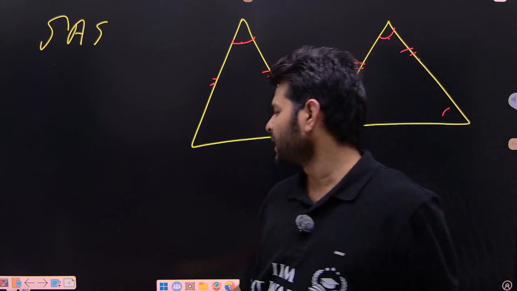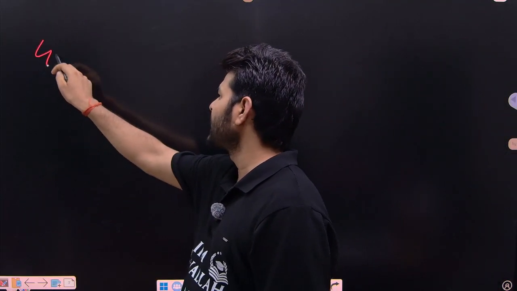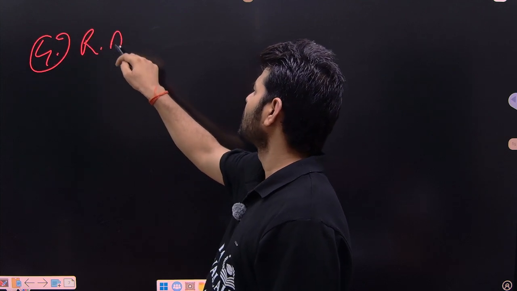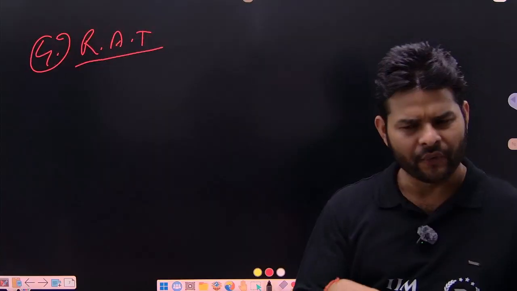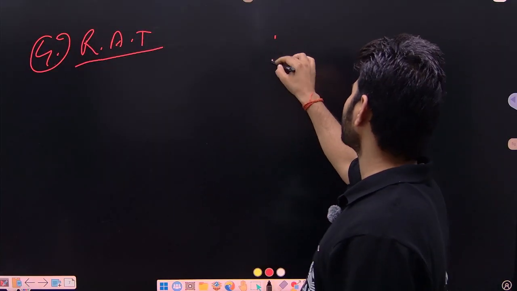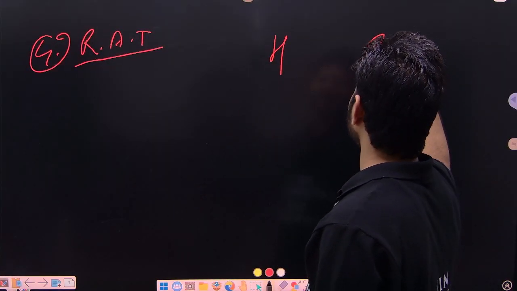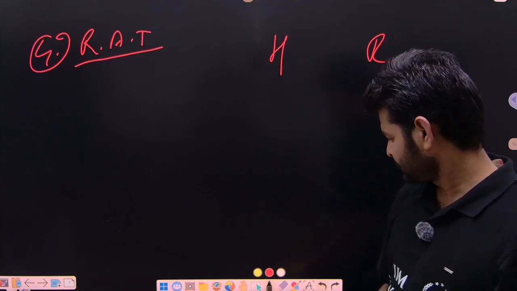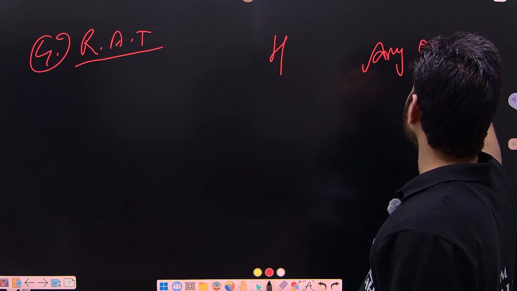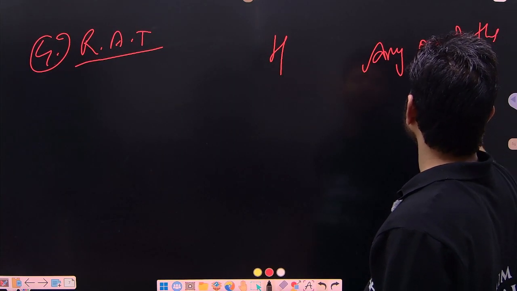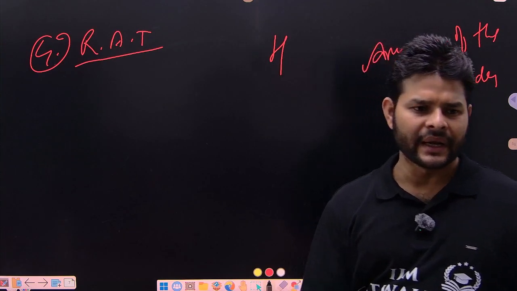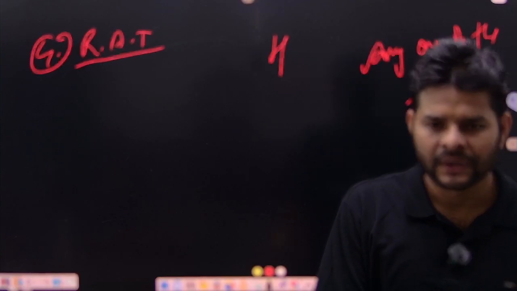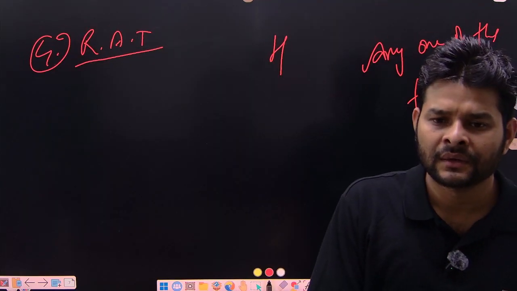And the fourth property, which is applicable only in right angle triangles. In a right angle triangle, if you are able to prove in any situation that the hypotenuse and any one of the two sides are equal, then the given triangles must be congruent.